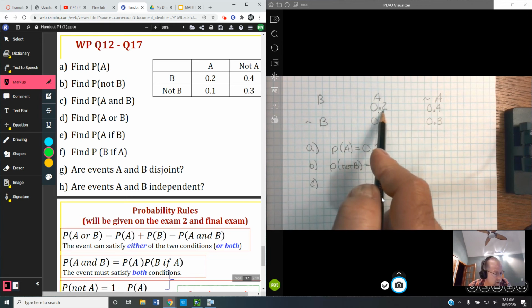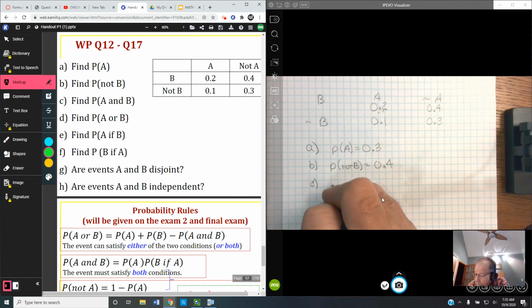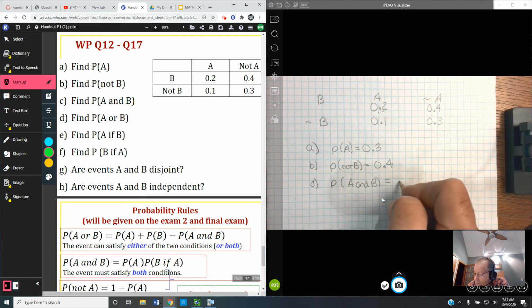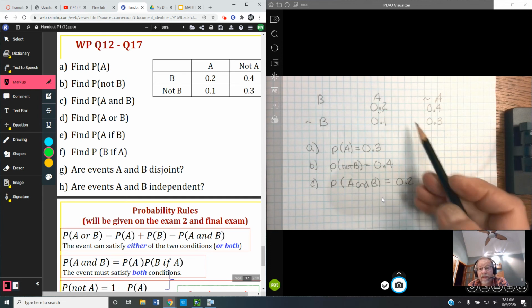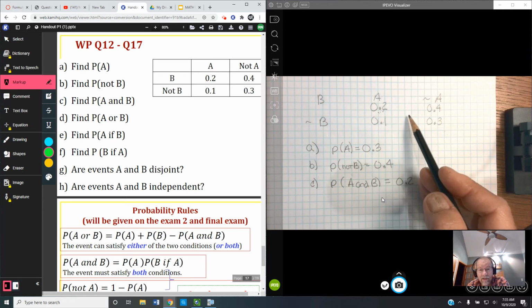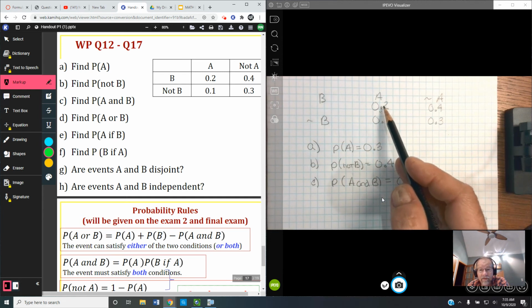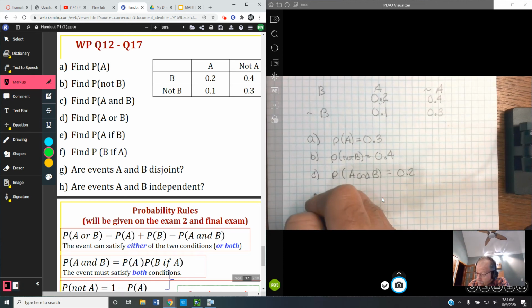So 0.2 is my A and B. Nice when I already have, again, relative frequencies compared to counts. In the last box we did, we had to actually divide by the whole to get that decimal that went into that box. D.